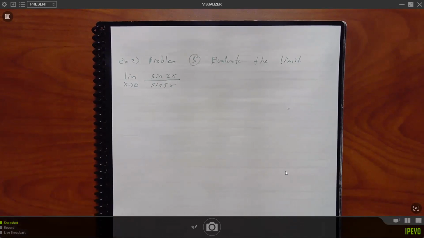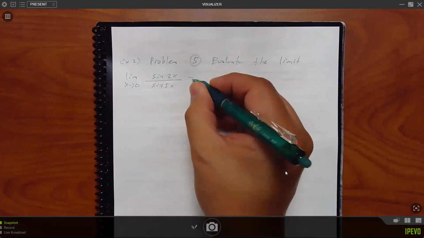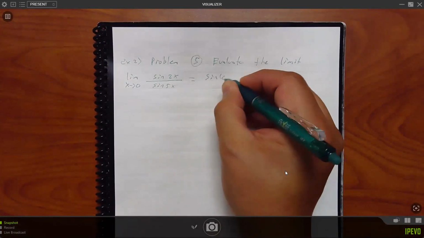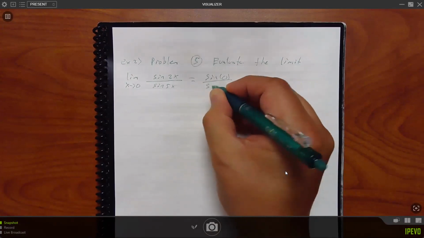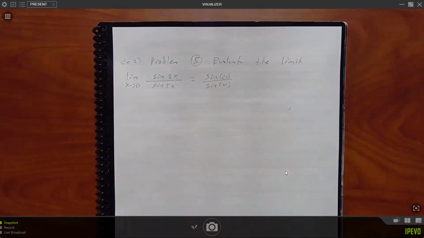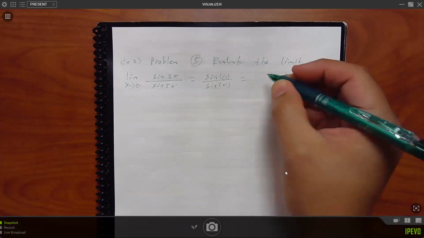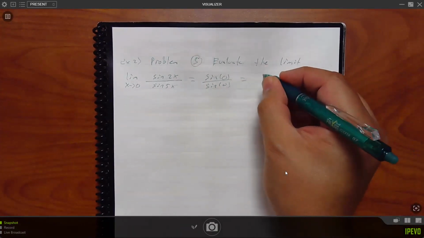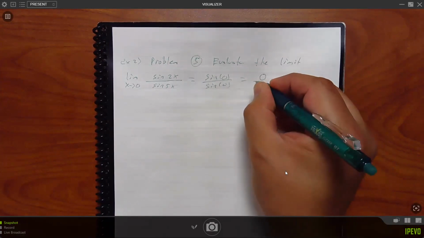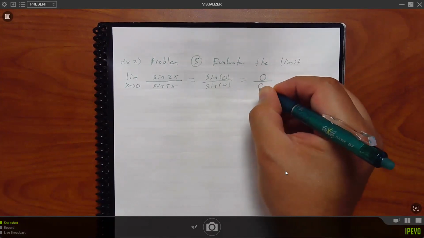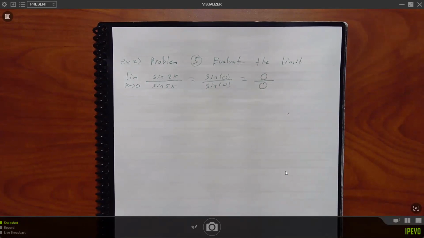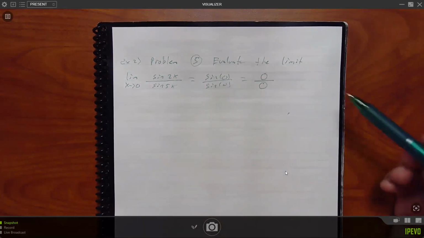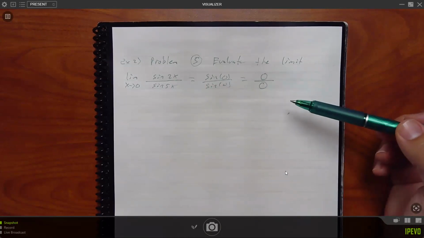So if you plug in 0, what is sine of 0? If I take the limit, I get sine of 0 over sine of 0, right? Which on the unit circle is 0. So both sines are 0, so we have an issue. We have indeterminate form. So that means we should do L'Hopital.